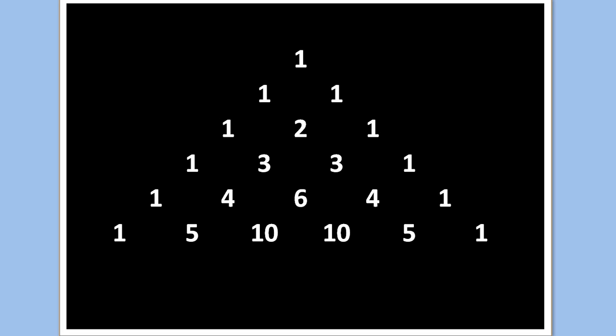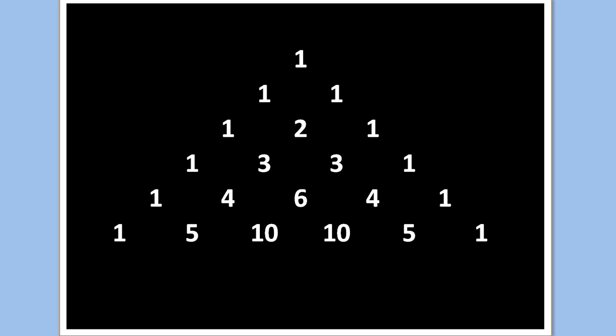It's 5 choose 2 because it's on the row that contains 5, so you take the number in the second diagonal, 1, 2, 3, 4, 5, and then, as I said earlier, you count from the left. So 1, 5, 10. So 10 is 2 from the left diagonal. So that 10, if you write it in n choose k form, would be 5 choose 2. The 10 to the right of that, the second 10, would be 5 choose 3.